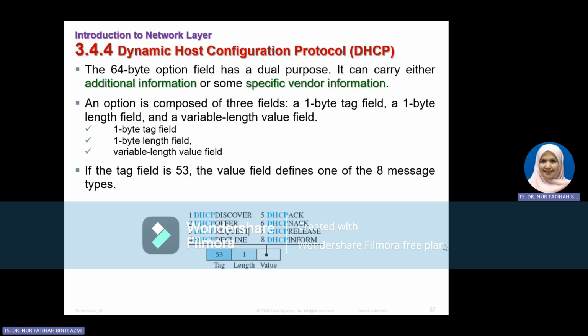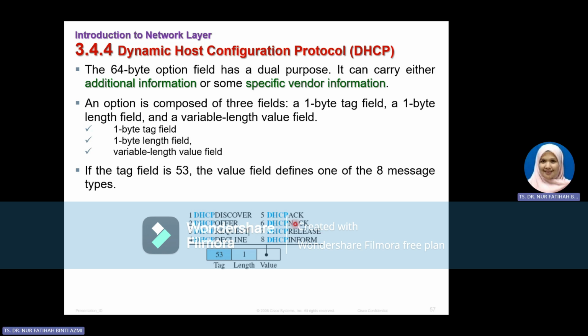Number 5, we have the DHCP ACK. The server will send this acknowledgement to confirm the successful assignment of the IP address and other configuration to the client. DHCP NAK is when the server cannot fulfill the client request, it will send this negative acknowledgement.